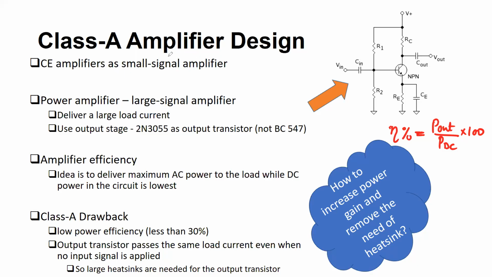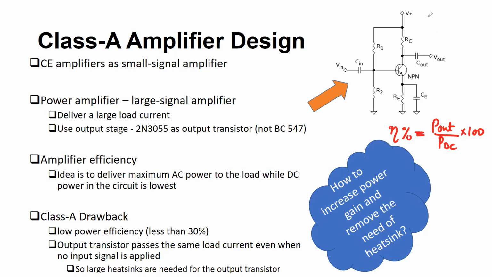Hello there, welcome back to our channel. On your screen you see we are going to understand the concept of class A amplifier, and we see where this amplifier is used and how it is used.